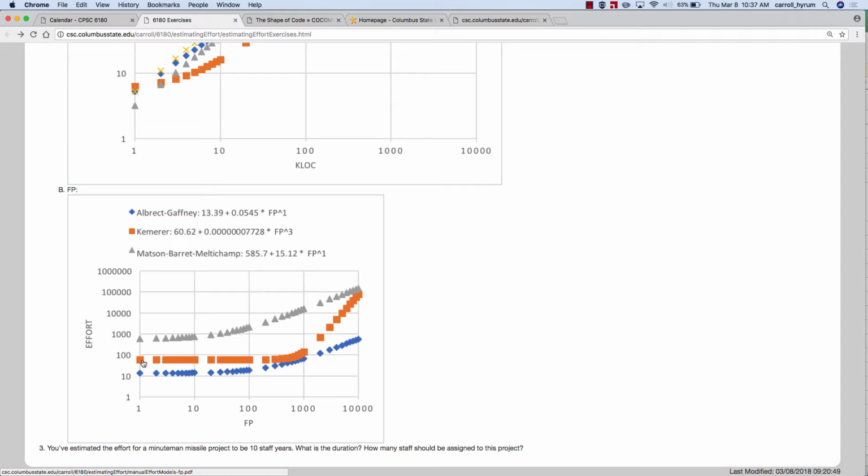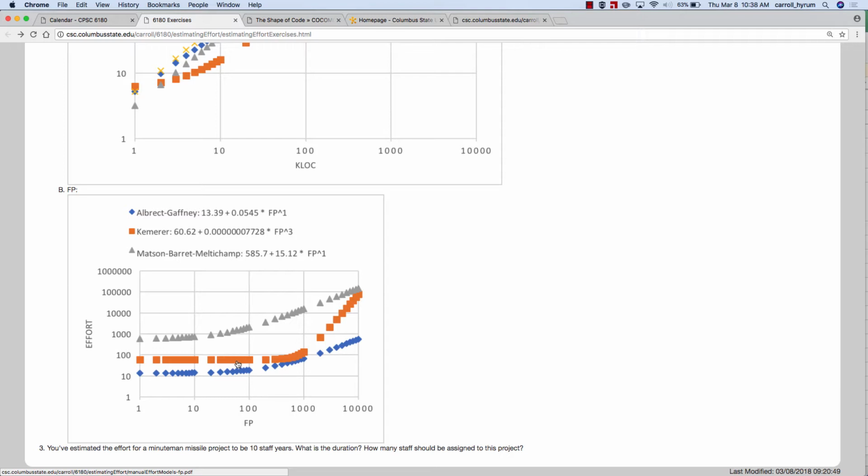Notice, for example, the Kemerer one has this small factor here, but then it says, hey, it grows, and it grows huge as the function point count goes up. We're cubing it, but it has a small amount here. So this is saying, hey, it doesn't really matter if it's 1, 10, 100, or almost even 1,000 function points.